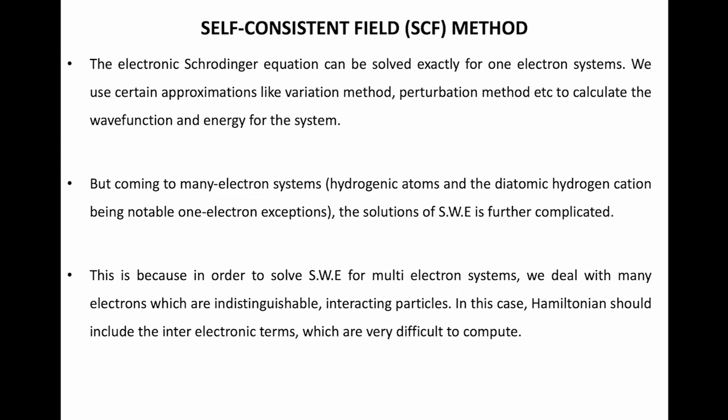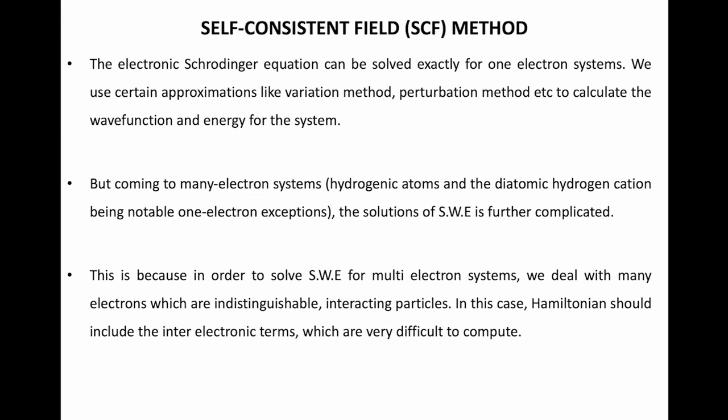So we know that it is incorrect to represent an n-electron system as a product of n one-electron functions. That is, the hydrogen-like orbitals will not give the corrected energy in the case of many-electron atoms. To solve this, Hartree proposed a method known as the self-consistent field method.